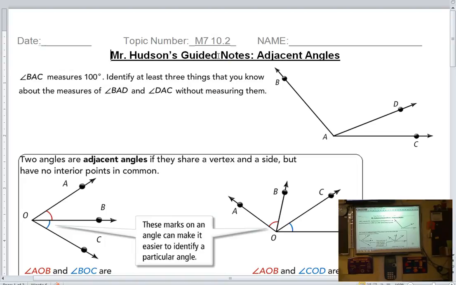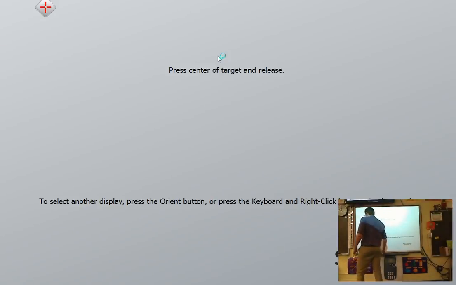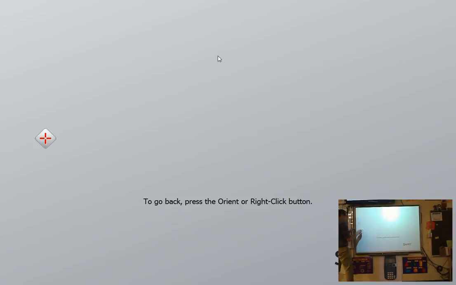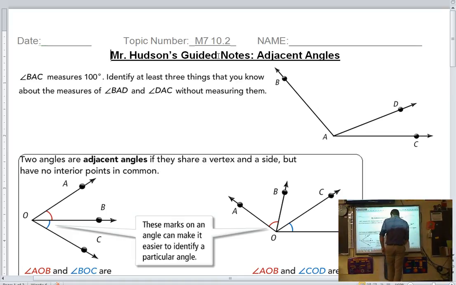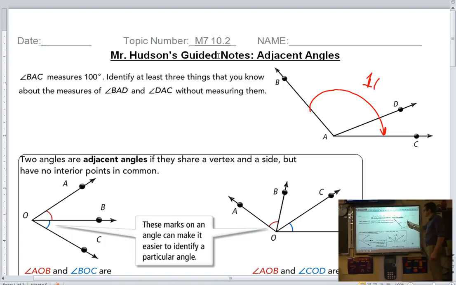If BAC measures 100, I want to know everything that we can figure out about the other angles. And actually, if you did the homework, you probably saw a question very similar to this one. So this whole thing is 100.